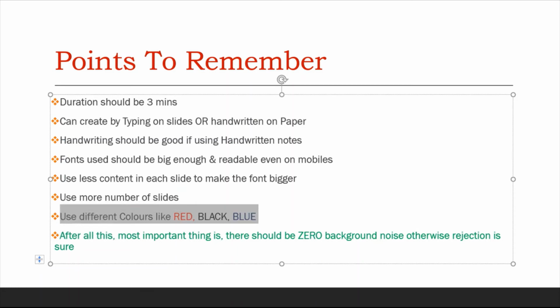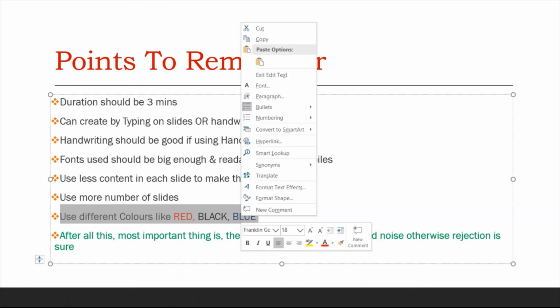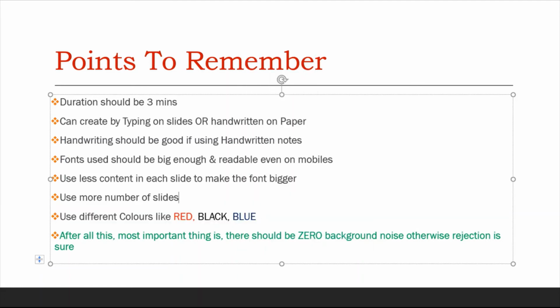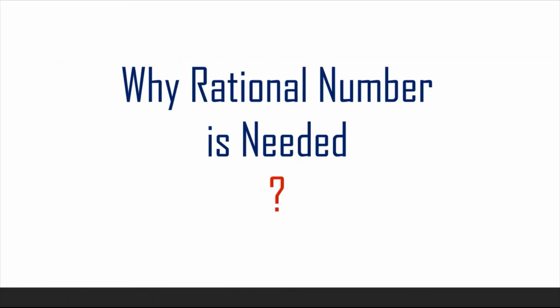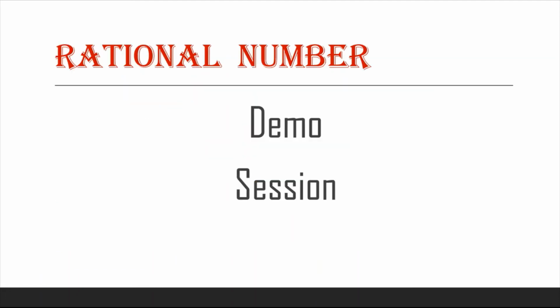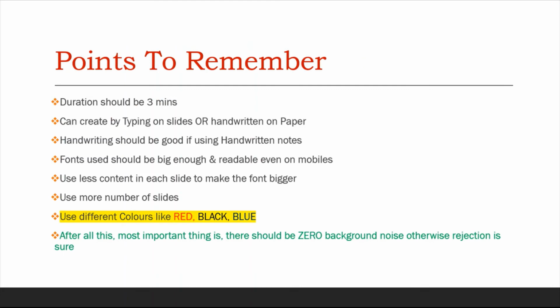The next point is to use different colors, like red, black and blue. You see in this I have added red and blue, then red and blue, black. If different colors are there, visibility increases automatically.